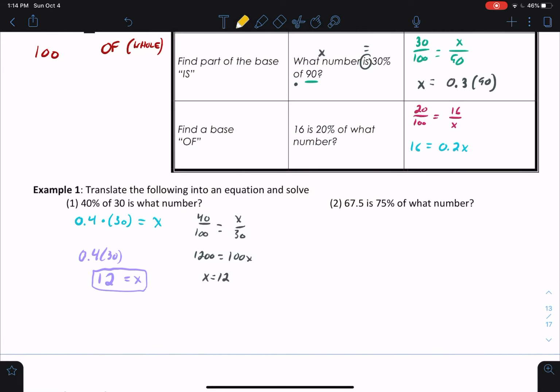We've got 67.5 is 75% of what number? So we have this 67.5 equals 75%, so 0.75, of what number? So 0.75 times x. All right?